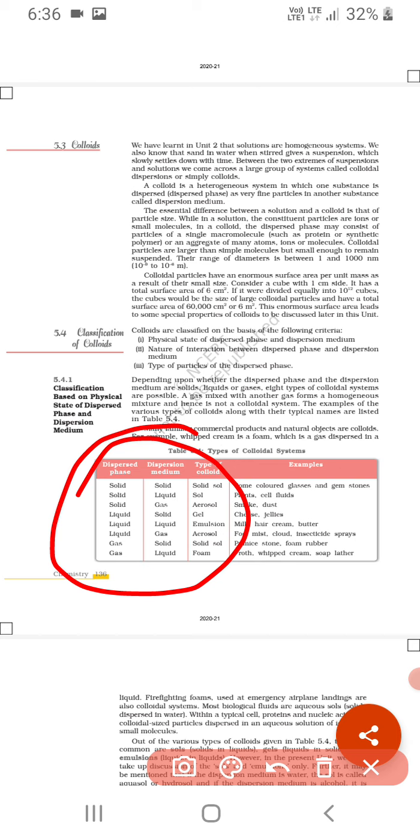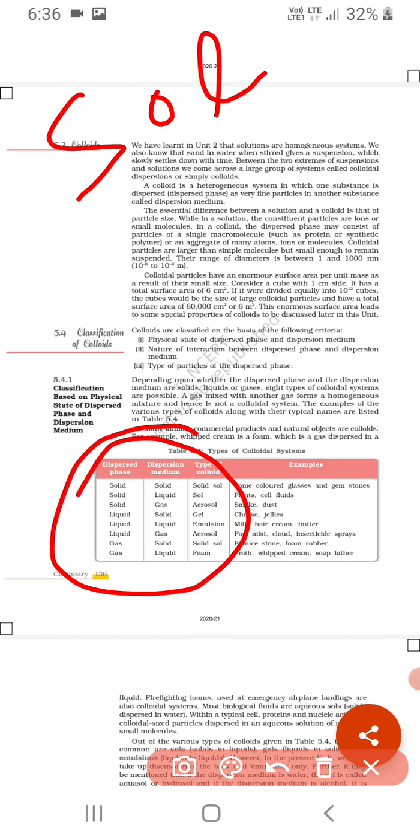So, we have to study here with examples. Like in our paper, the question is asked, write down any example of sol, give any example of gels. So, we have to know what the components are in sols, right?